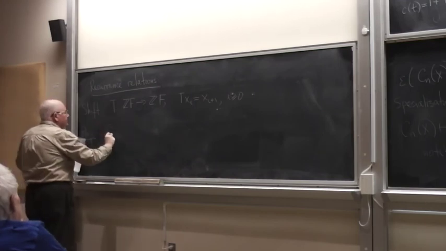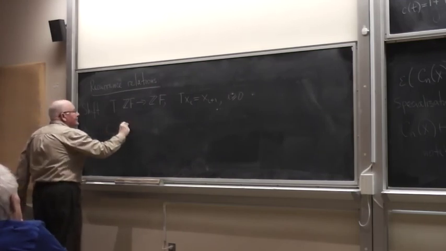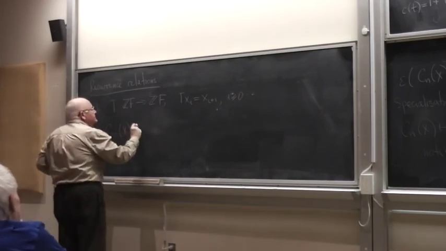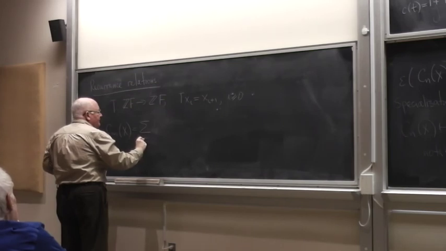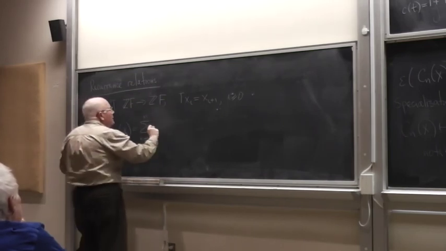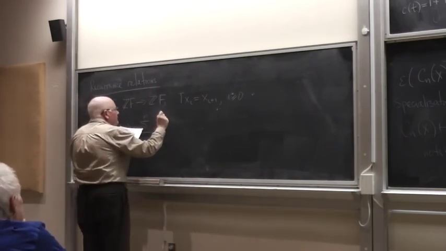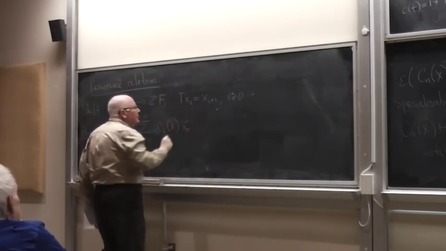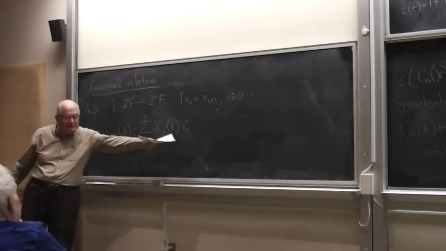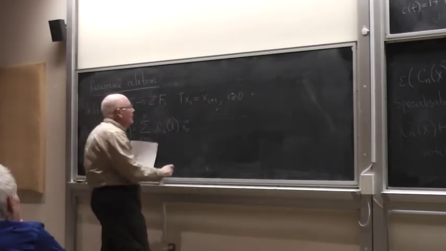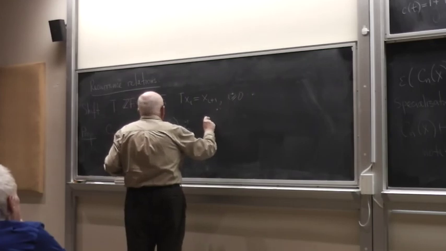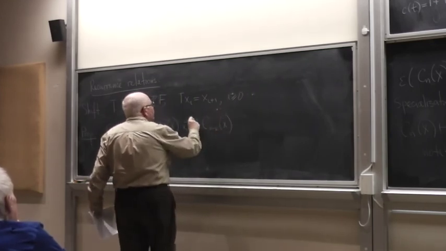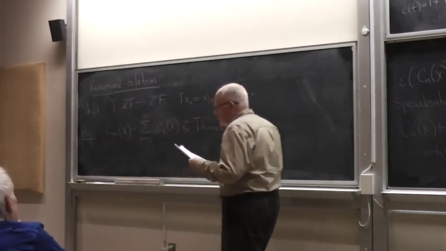C n plus 1 of x is the sum over k from 0 to n of C k of x, then you multiply by x naught, that's just this variable. Then you take x, but you have to shift.